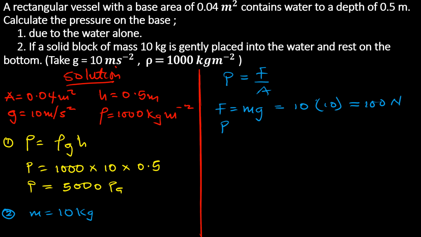Okay, so pressure exerted by the block, let's make it P_B. So pressure exerted by the block is equal to the force, which is 100 Newton, over the area of the vessel, which is 0.04.